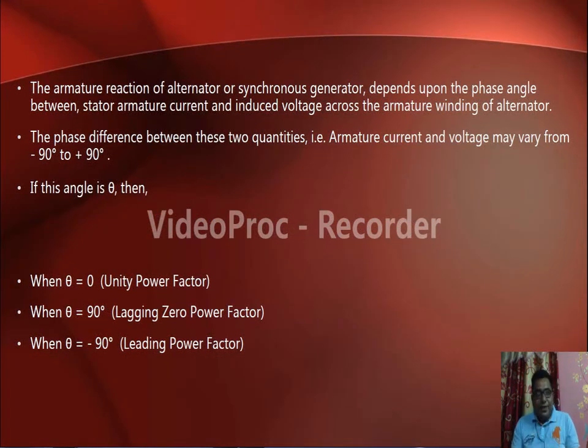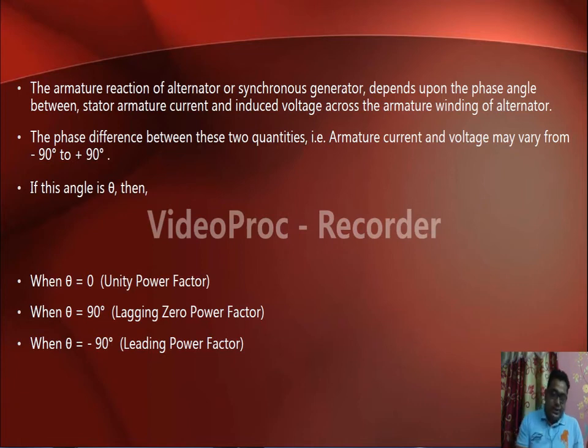See, I have written over there, the armature reaction of an alternator depends on the phase angle. Now just think: when the armature conductor is connected to some sort of load, at that time the armature conductor has some EMF and some current. Due to the nature of the load, there must be some angle between the armature voltage and armature current.